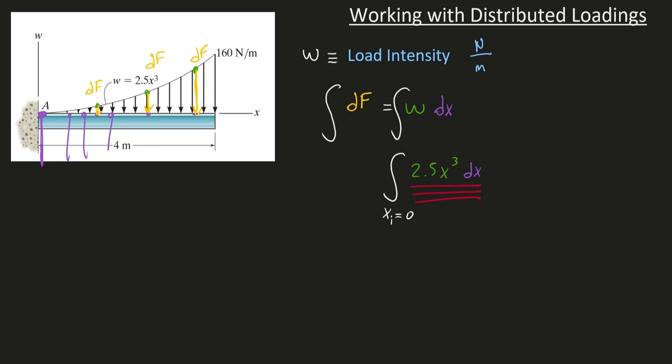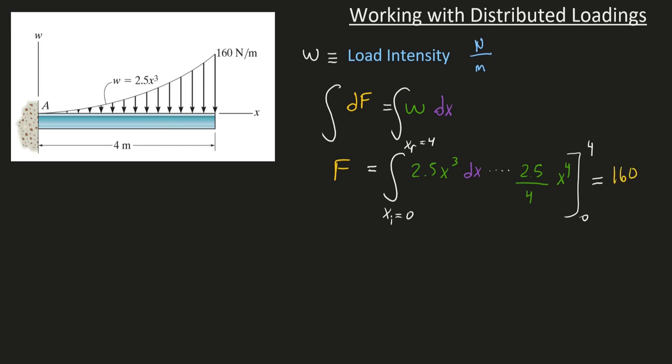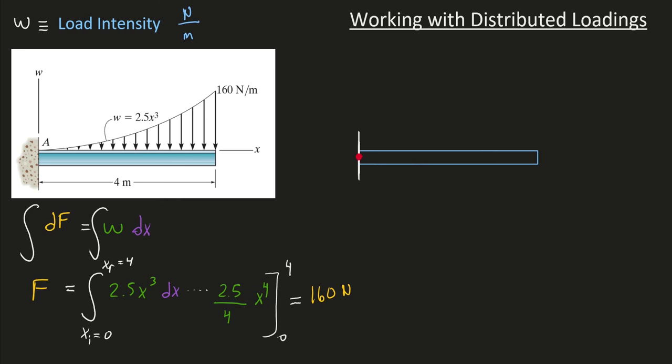So x initial will equal 0, and we'll keep adding until here at x is equal to 4. So that is my x final. And this will allow me to calculate the total force from this distributed loading. So now let's just let the math run. We'll get 160 newtons. Obviously the direction is going downwards. So we know that in total, this entire distributed loading represents a total downwards force of 160 newtons.